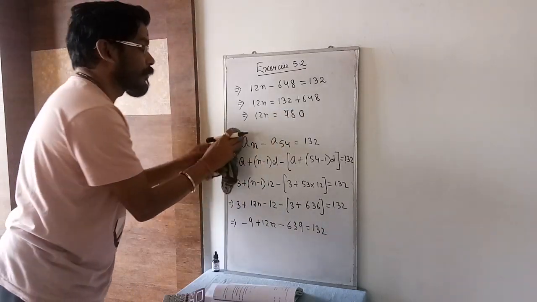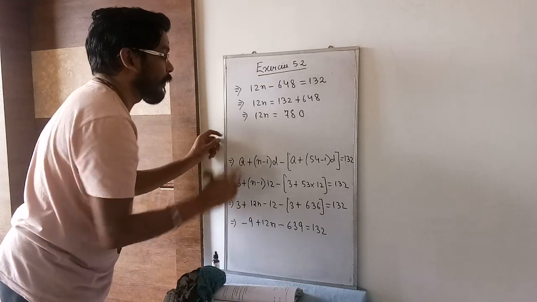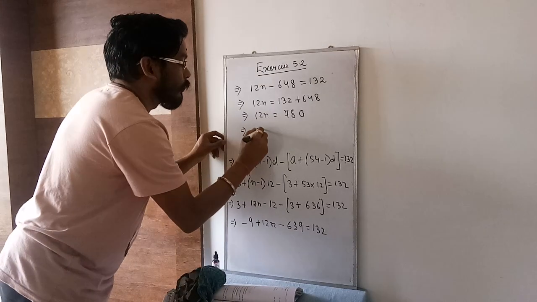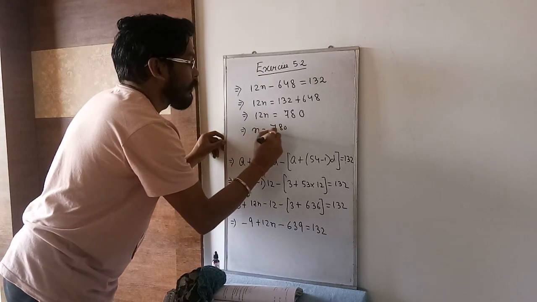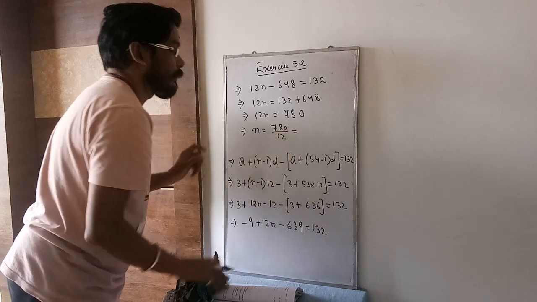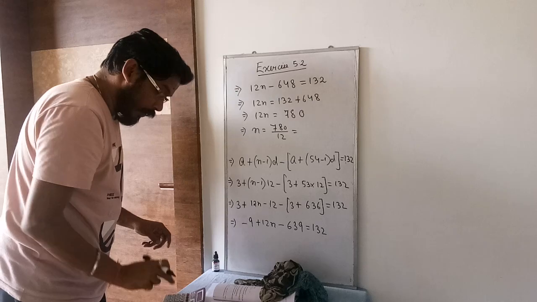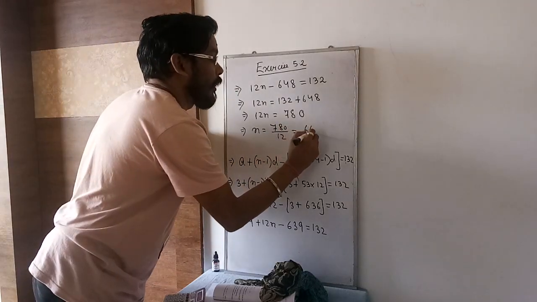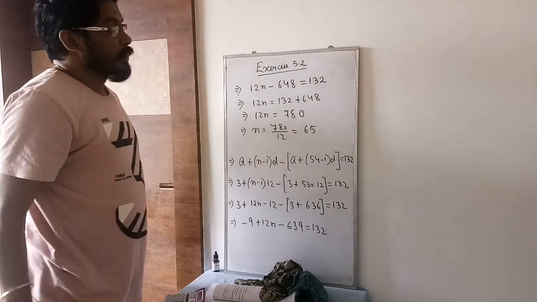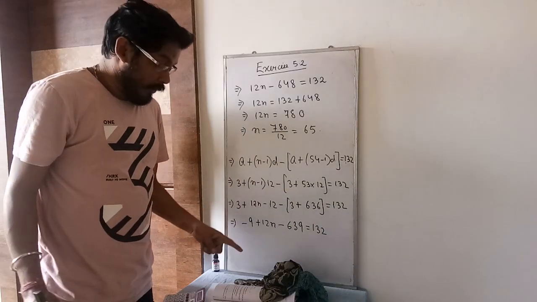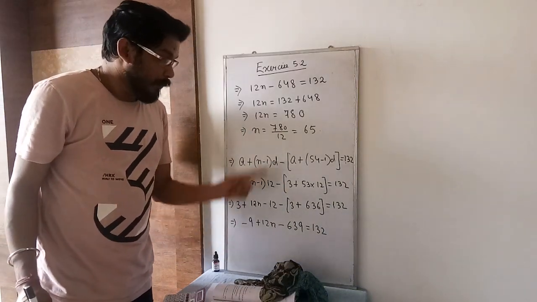I have to find the value of n. So n equal to 780 by 12. 780 divided by 12 gives 65. It means the 65th term is 132 more than the 54th term.